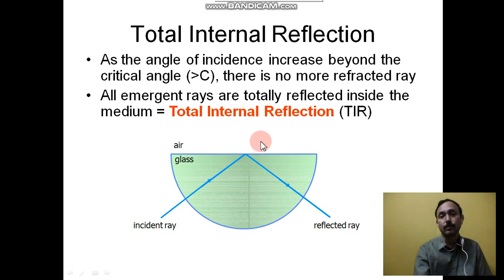Here there is no refracted ray, only the reflected ray. All the rays are totally reflected inside the medium. This is known as total internal reflection, or TIR. This is the picture.